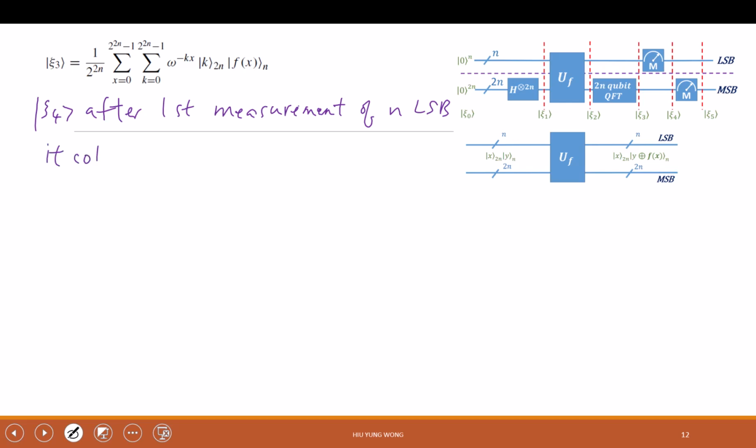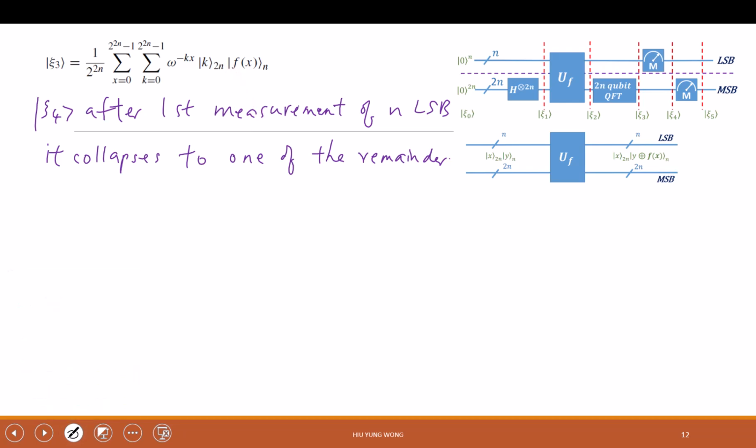It collapses to one of the remainders. Why? Because this state is not any x, it's f of x. Okay? I only have f of x state here. It is not 1, 2, 3, 4, 5, 6, 7, 8. It is f of x.